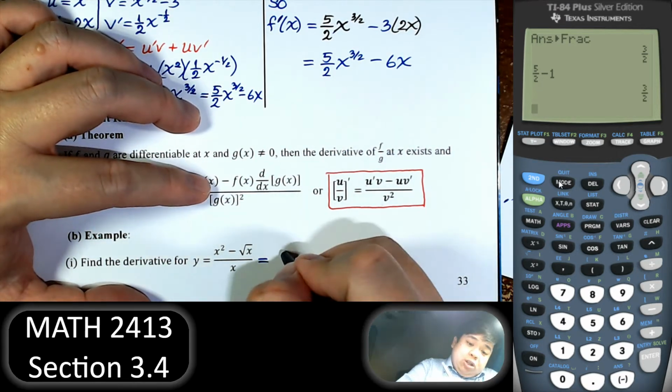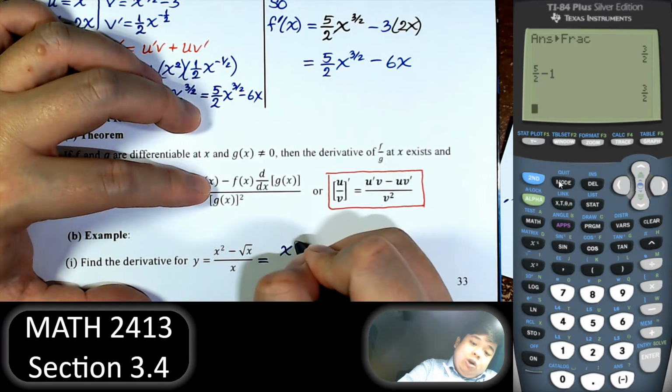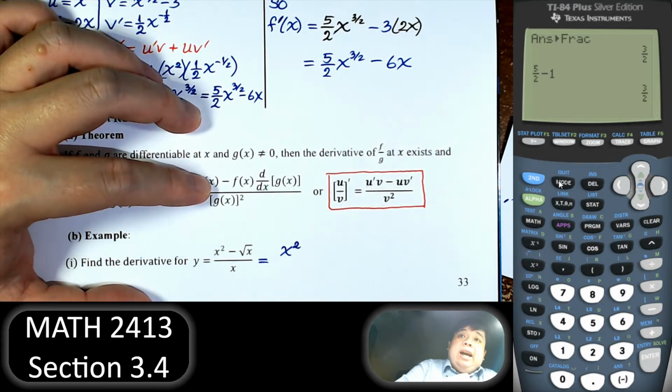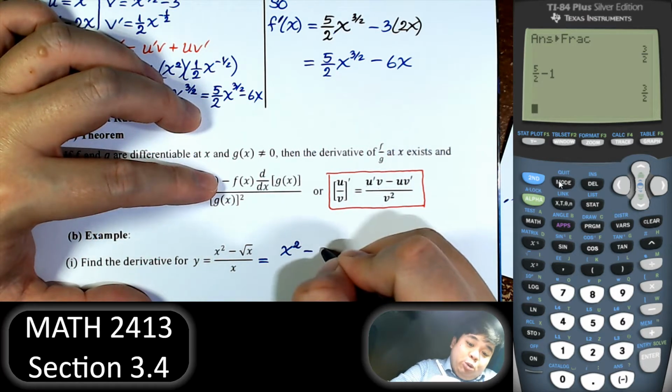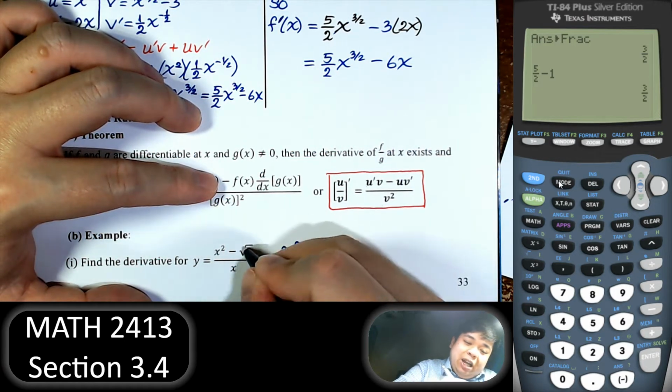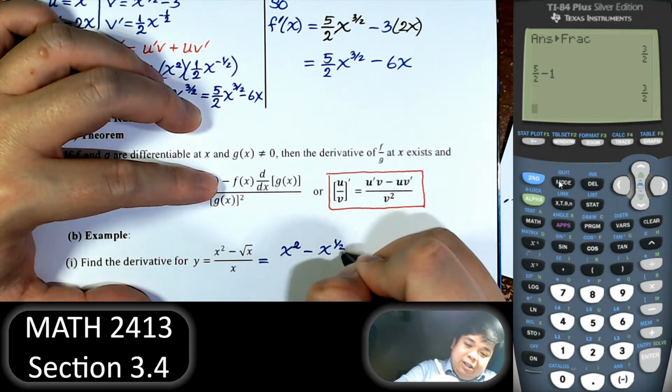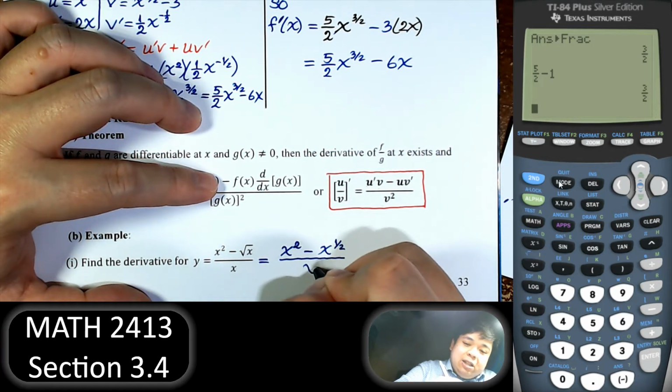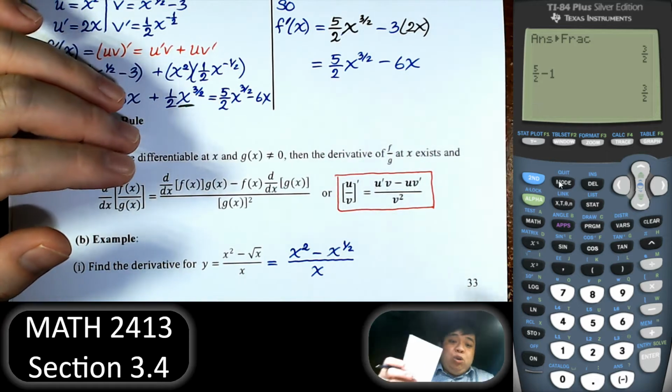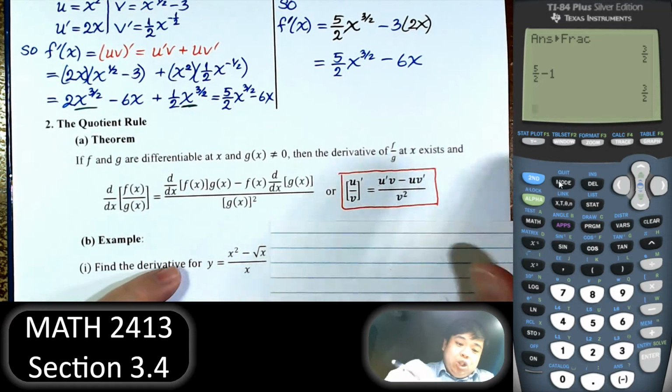We're going to use the quotient rule anyway, but we're also going to use the power rule, so we're going to write square root of x as x to the 1/2. By the way, if you want to use the product rule, you're welcome to do so.